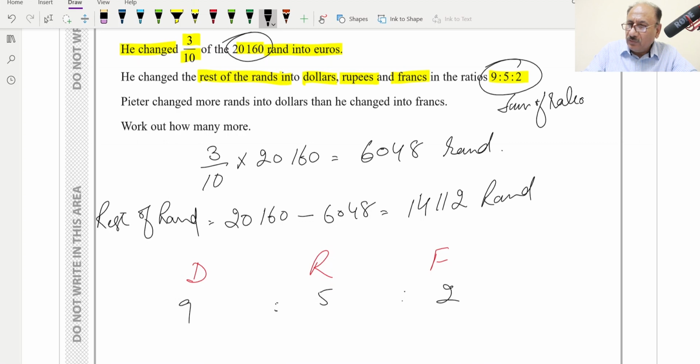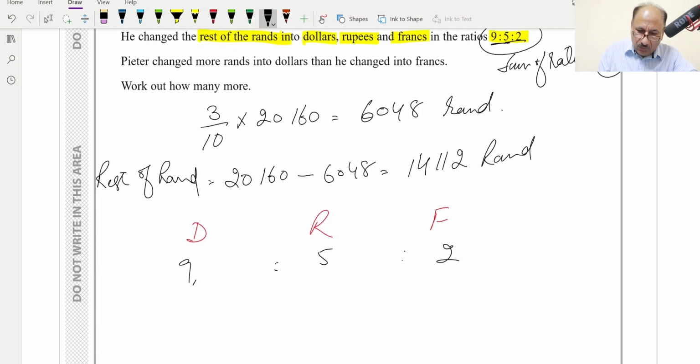The sum of ratios will be equal to 9 plus 5 is 14, plus 2 is 16. So we will divide these ratios by 16, and we get this portion, and we have to calculate.